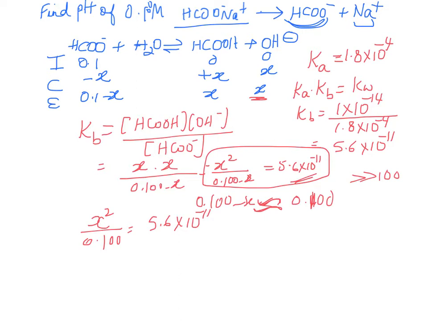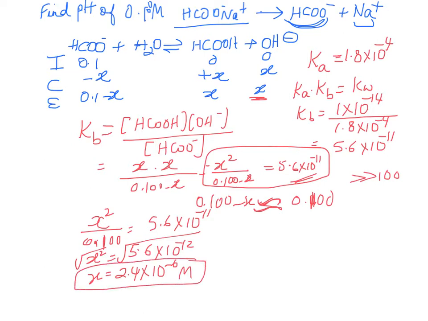Or you can determine X squared as 5.6 times 10 to the negative 12, because it's 0.1. You can figure that out on your calculator also. And now I'm going to take a square root of that. So taking square root of both sides, X comes out to be 2.4 times 10 to the negative 6.